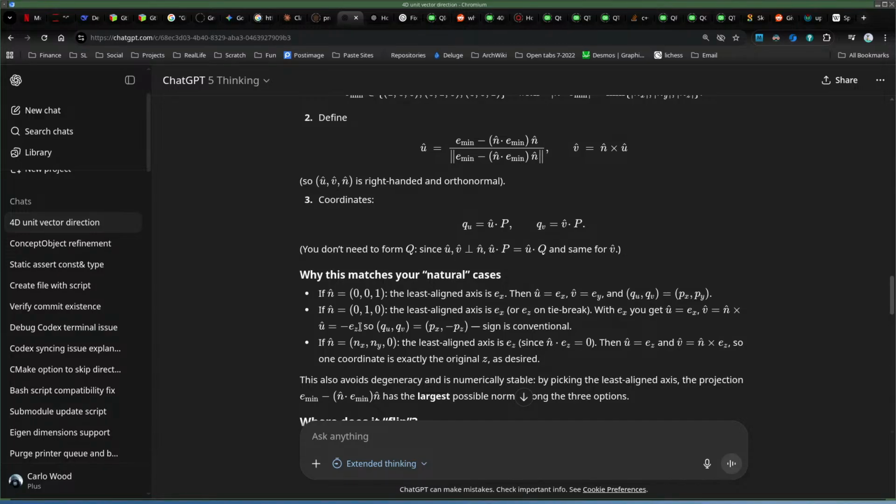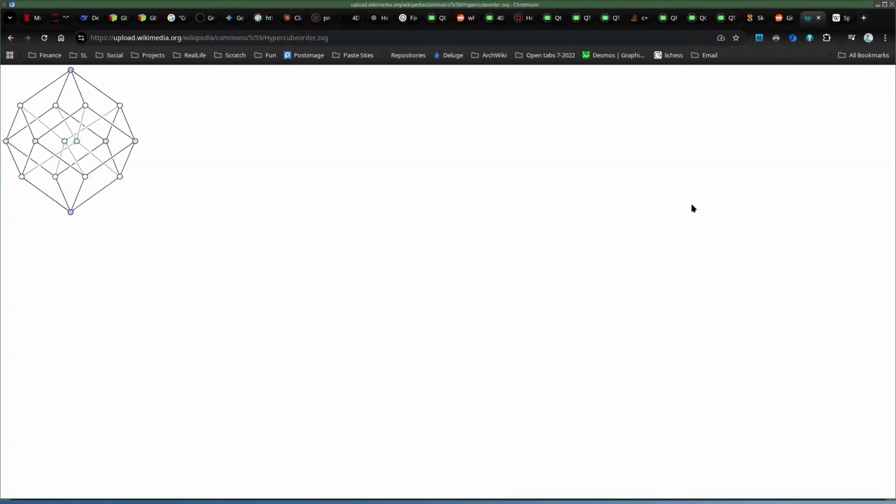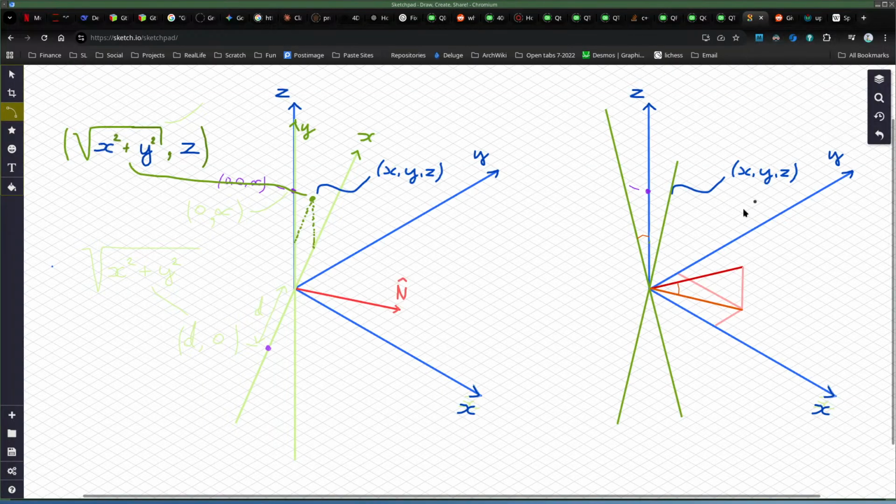U is minus EZ. Yeah, because it's the y-axis. Let's check that. So now the normal vector points in the y direction. Which means that if you want our screwdriver or corkscrew to go in that direction, you have to rotate that way. Which means that z becomes the x-axis and x becomes the y-axis.